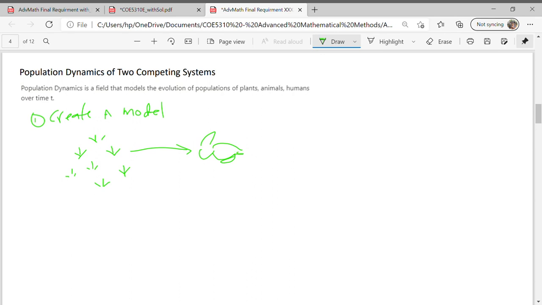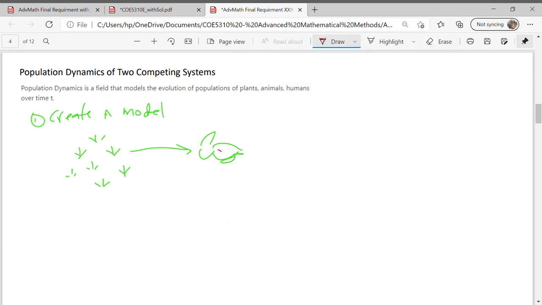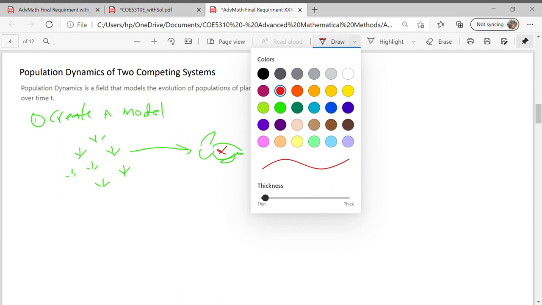So, we call this rabbit population X. So we have another species which is a fox. Let's draw a fox.